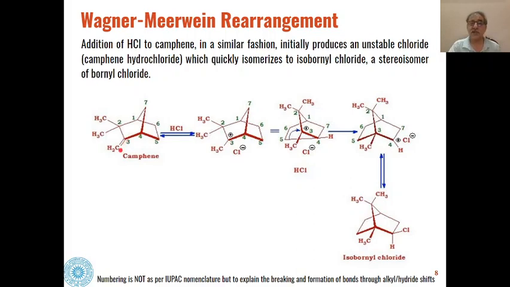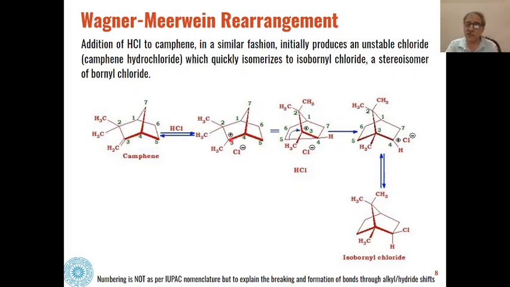Again, addition will be as per Markovnikov's rule, and Cl will add to this position, and then this will form a carbocation like we have seen in the previous case. When the carbocation is formed at this place, you can see that this is equivalent to this structure.